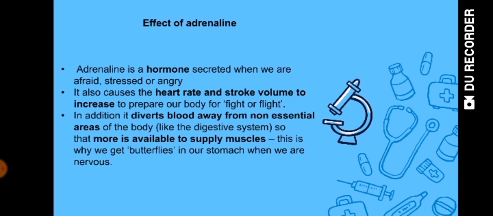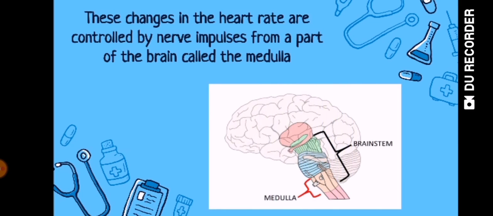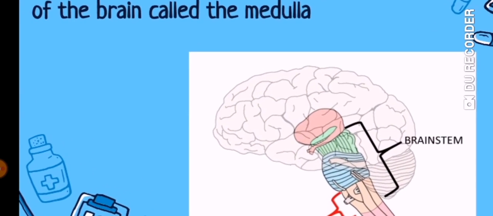When we start to exercise, our muscles produce more carbon dioxide in aerobic respiration. Number two, receptors in the aorta and the carotid artery detect this increase.